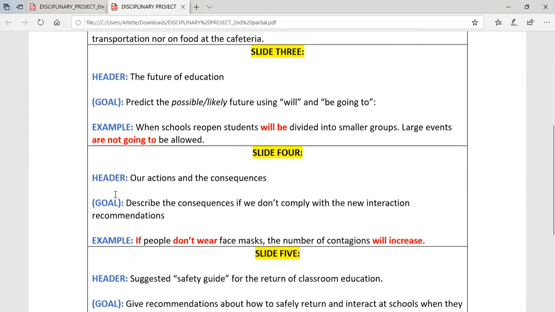So in this case, you have to use if, because you use the first conditional: if people don't wear face masks, the number of contagions will increase. So in slide 4, you have to use the first conditional to talk about consequences.